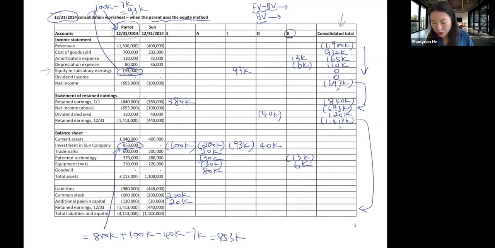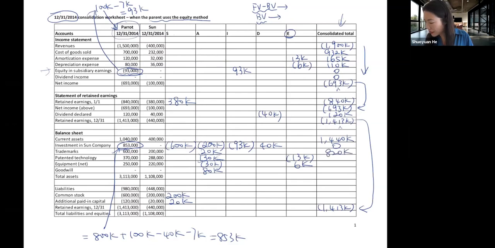On your balance sheet, current asset adds up to 1,440,000. Your investment account will go to 0. Trademark is 820,000.